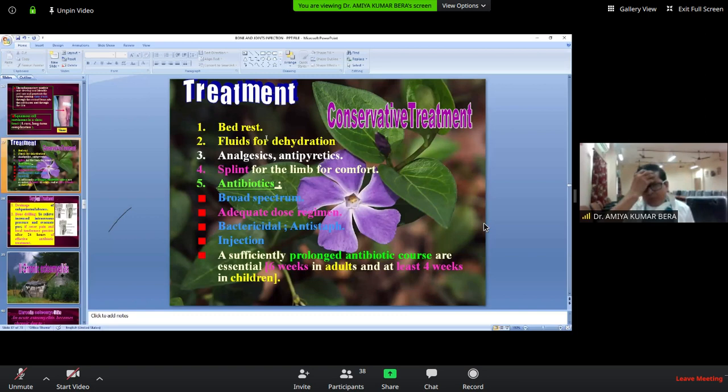However, before culture sensitivity, general practice is to give a third generation cephalosporin. Which route? It's obviously IV, because we do not want unpredictable absorption from the oral or intramuscular route. So the more predictable IV is best. How long?